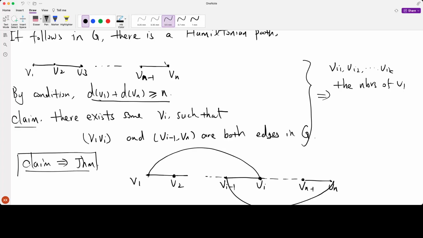So v1 has dv1 neighbors. Okay, so let's say this number is k. Let's say k equals dv1, and I know that dvn, the last vertex vn, has neighbors at least n minus k. Okay, so let's put names. So k is the number of neighbors, so it's the degree of v1, and we have more names. I put vi1, vi2 until vik as all the neighbors of v1.